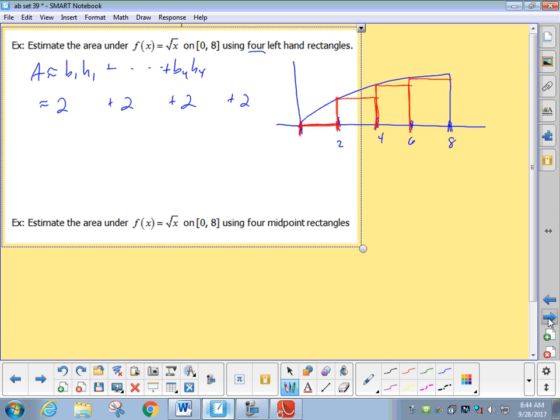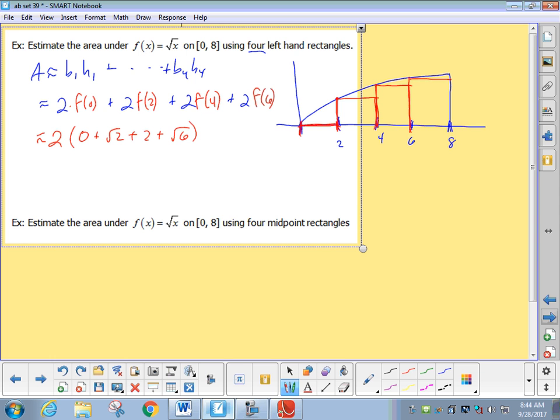The first height is f at 0. The next height is f at 2. Then f at 4. Then f at 6. Cleaning this up a little, I could take 2 out because of the greatest common factor of 2, and I'm left with 0 plus root 2 plus 2 plus root 6.